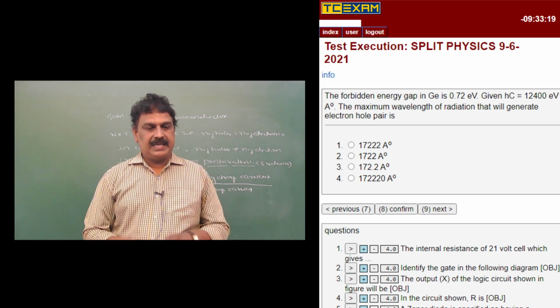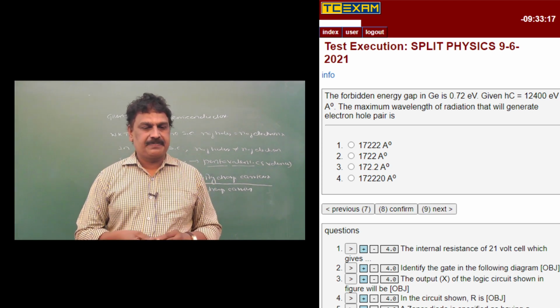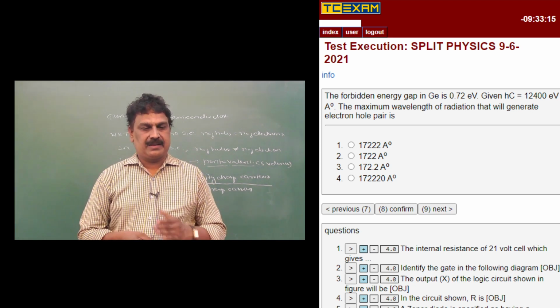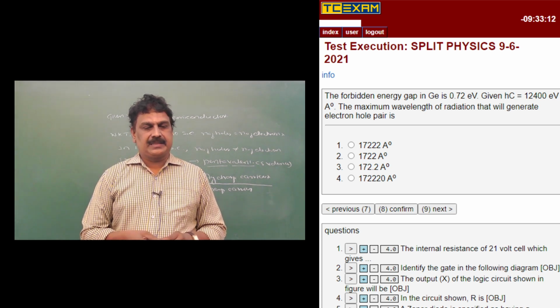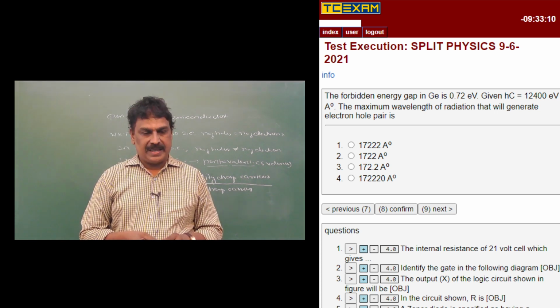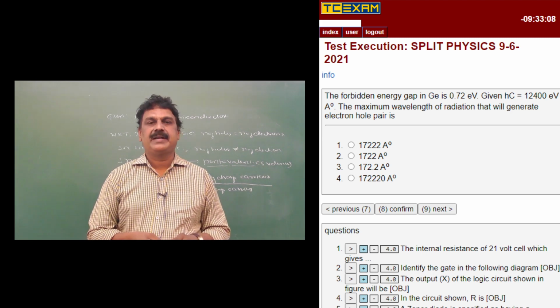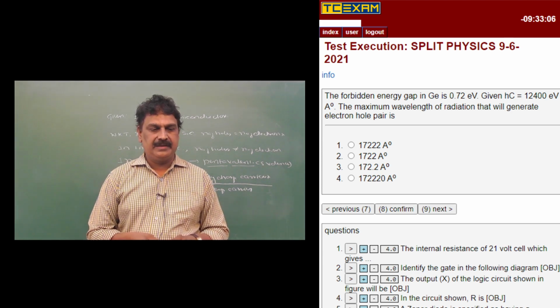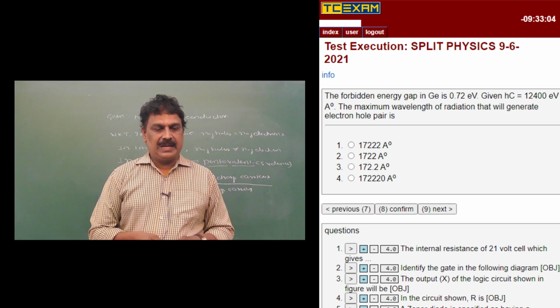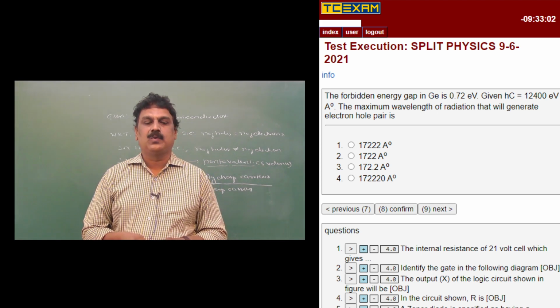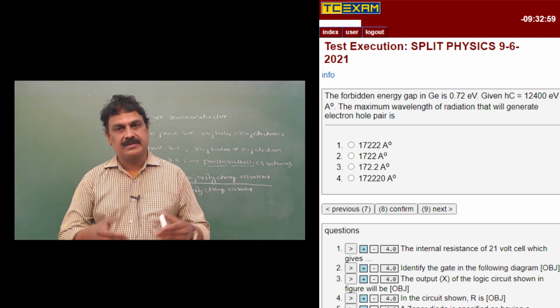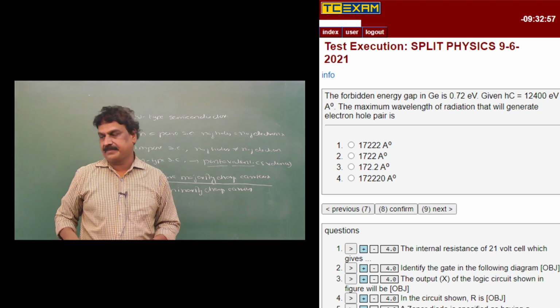The options are 17,222 angstrom unit, 1700 angstrom unit, 1722 angstrom unit, 172.2 angstrom unit, and 1,72,220 angstrom unit.